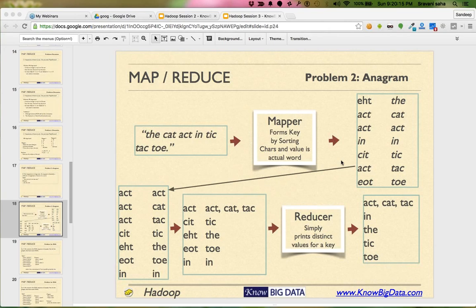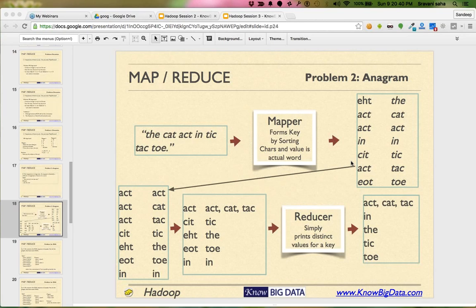So what exactly are we doing here? For each word in our input, we are generating the key by ordering the letters alphabetically. The value remains the original word. Why? Because we want to bring all of these words together. So we need a key which is the same for all the anagrams.